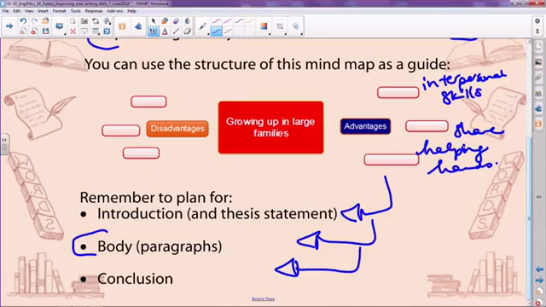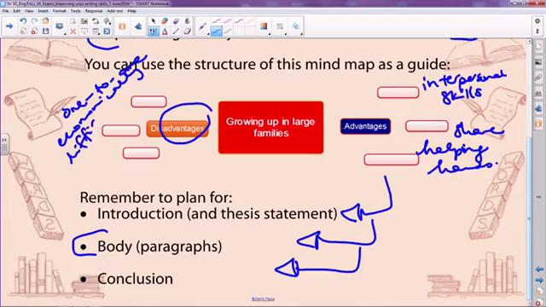Next side, disadvantages. Okay, so what's not so good about growing up in large families? Well, perhaps you wouldn't learn the skills of relating to another person one-to-one. It might be economically difficult, okay, having many mouths to feed.